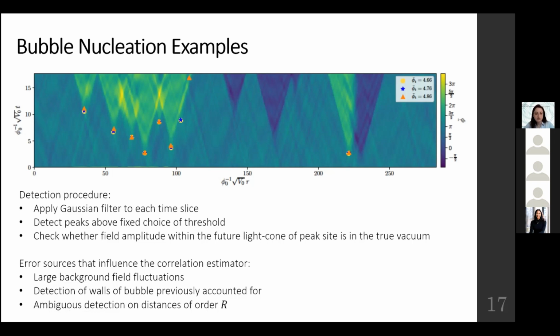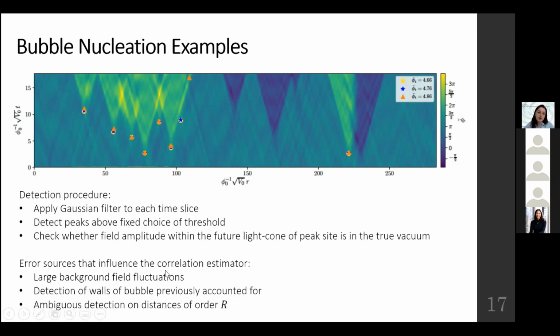All right, in terms of errors, we computed these by eye. I checked whether I agreed with what the detection algorithm was deciding. And I found that there were 2 main sources of errors that would give false bubble detections.